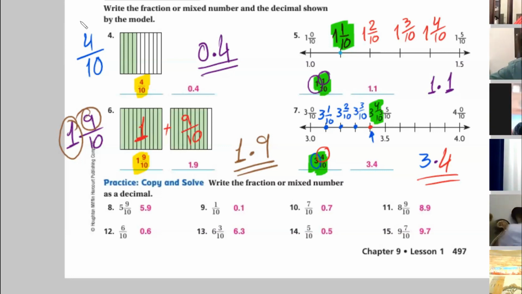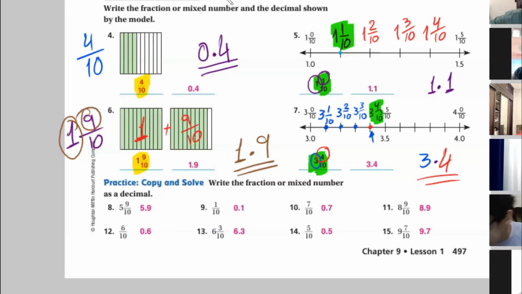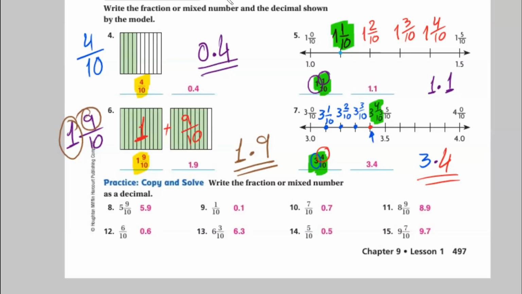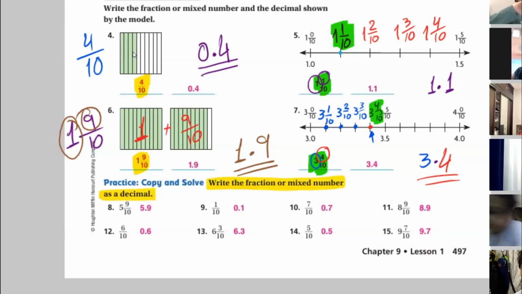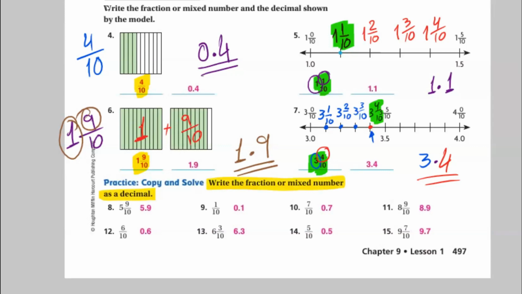Okay, what about Ayham? I'm here. Okay, Ayham is here. Number 8. Write this number as a decimal. Ayham, are you still with me? Yeah, I'm sorry.